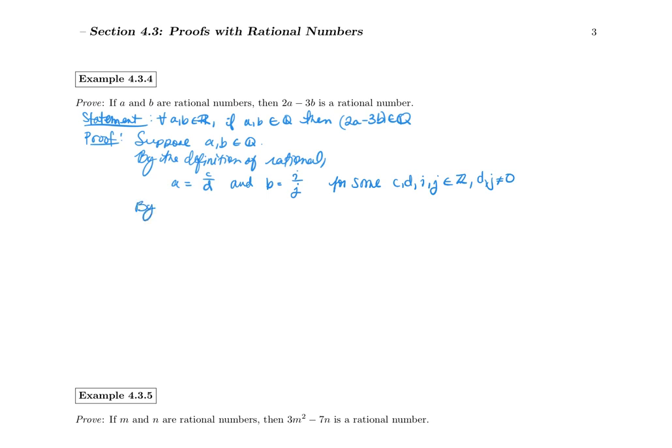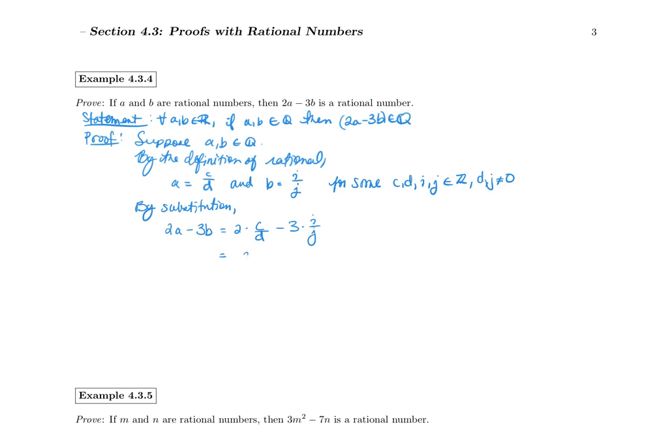Then let's move into showing then that 2a minus 3b is also rational. We would say by substitution, we have that 2a minus 3b is now 2 times, well, a is c over d, minus 3 times b, which is i over j.